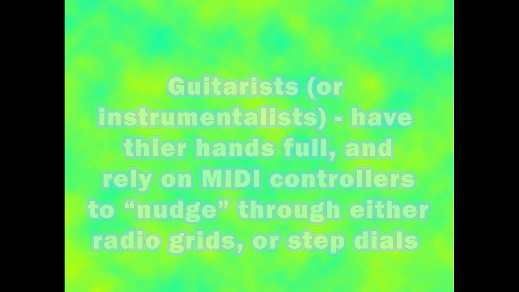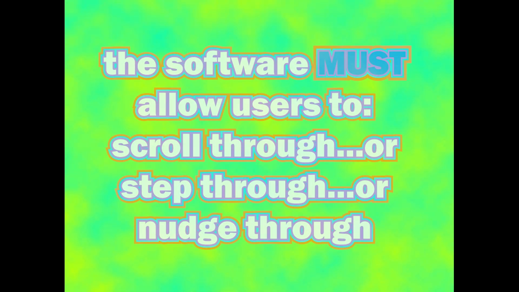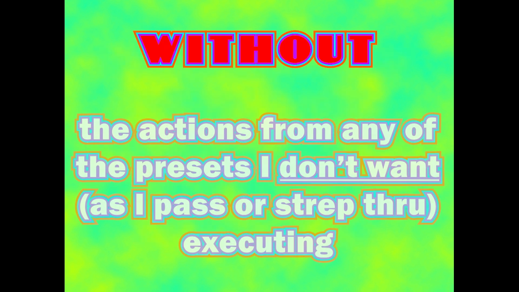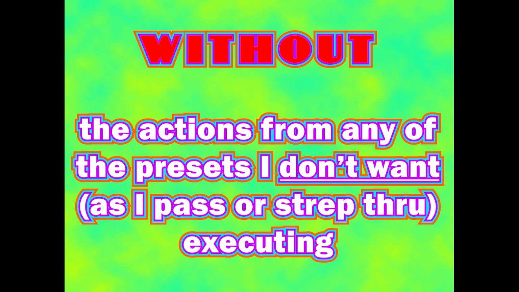In many cases, not in every last case, but in many cases. And this is the crux of the problem: I need to be able to nudge through, to scroll through, to pass through, to move through selections or different presets to get to the one I want without having the actions for the others executed.